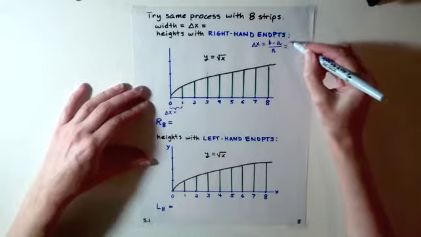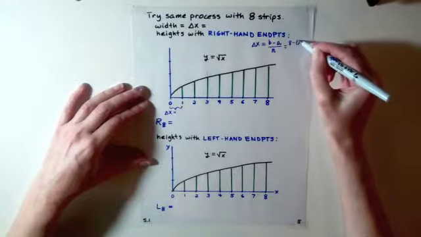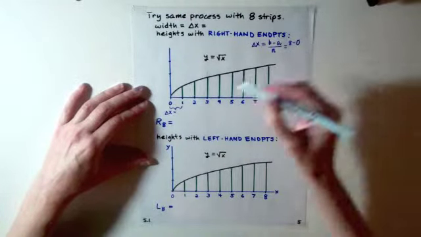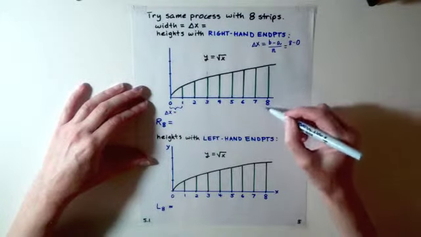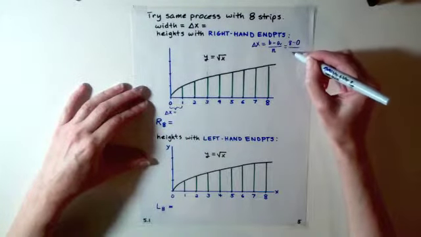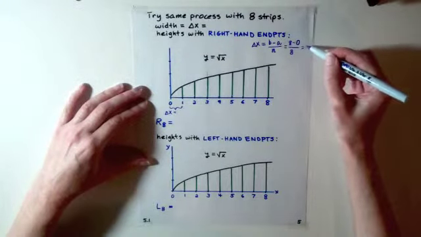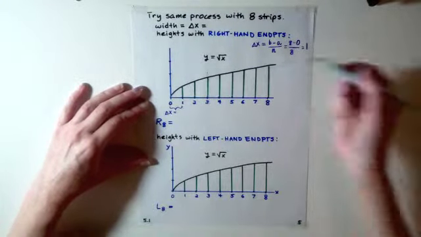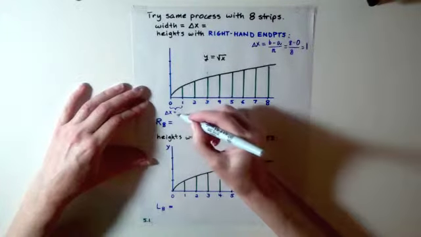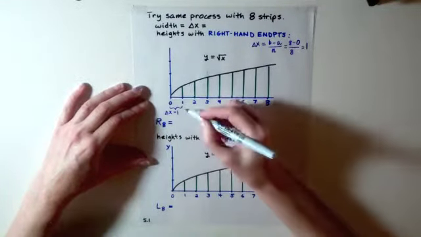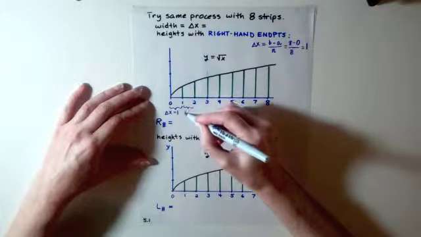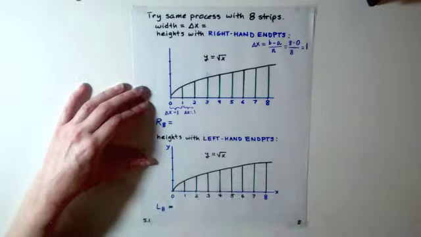So in our case, we're going from 0 to 8. So my A value is 0 and my B value is 8, and I'm going to be dividing it into 8 different rectangles, so I get 8 over 8, or 1 for the width of each strip. Or you can just draw the picture and see that this width is clearly equal to 1 unit, as it is for all of these rectangles.